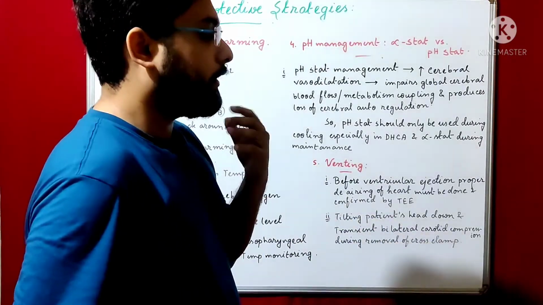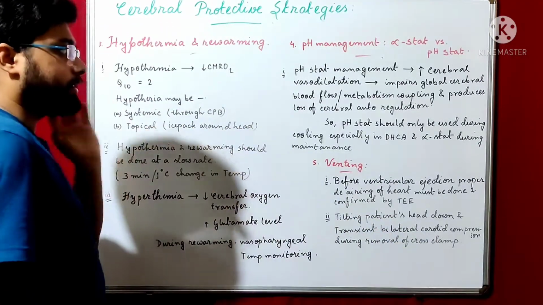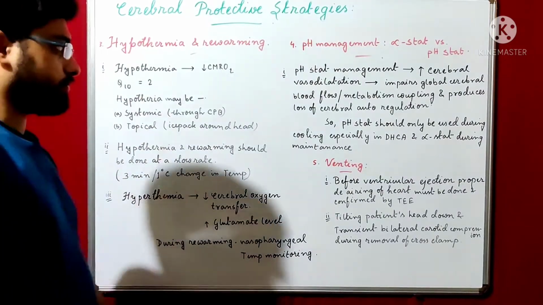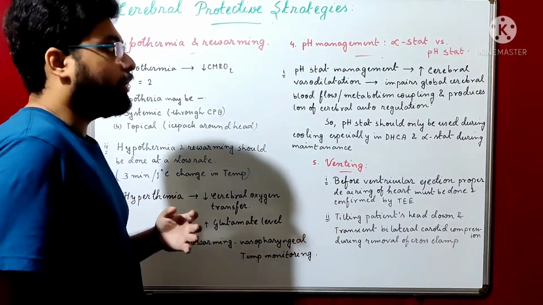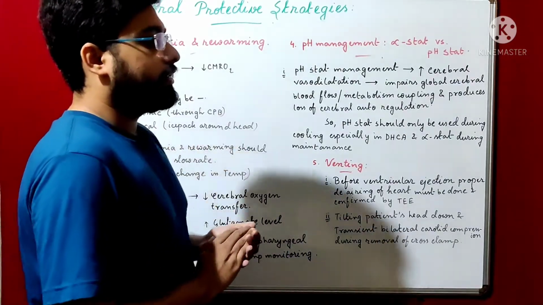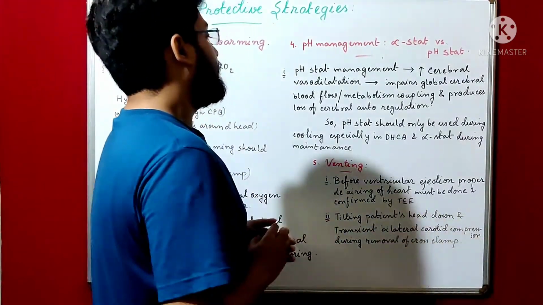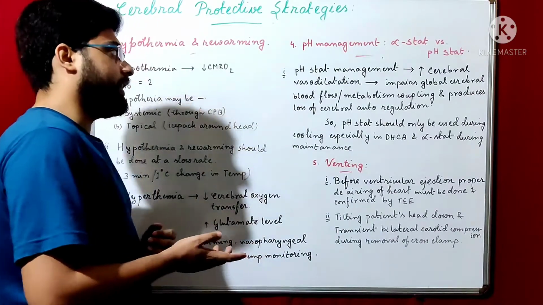Then what do we have to do? Now we have to give exogenous carbon dioxide to maintain the PCO2, and we all know that carbon dioxide increases cerebral vasodilatation.